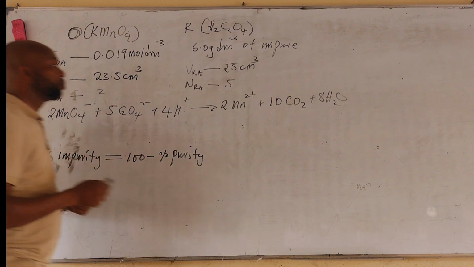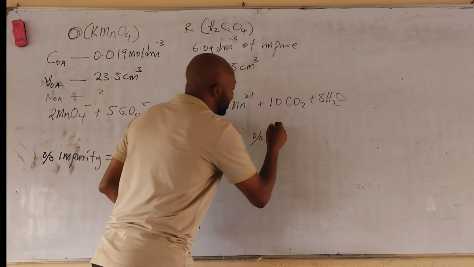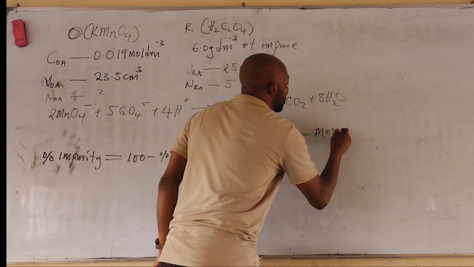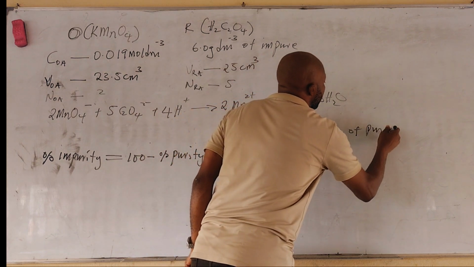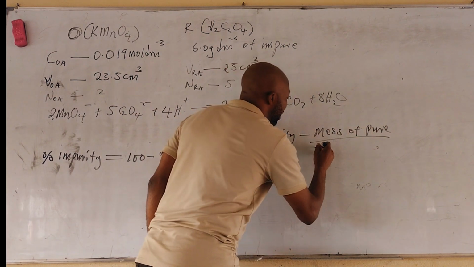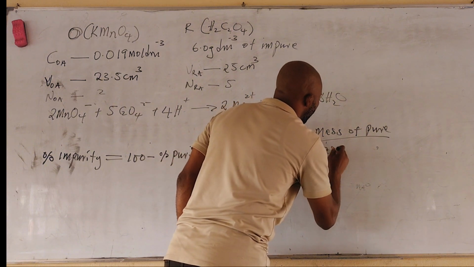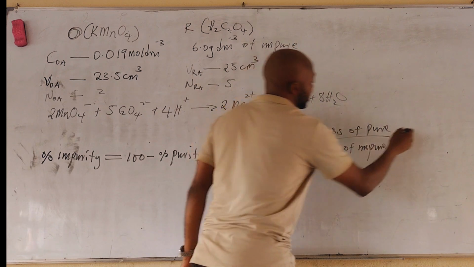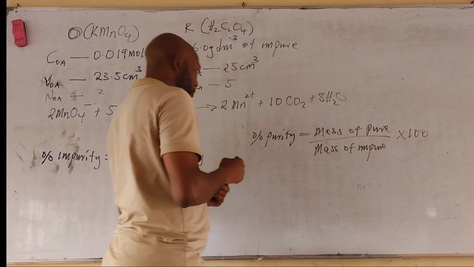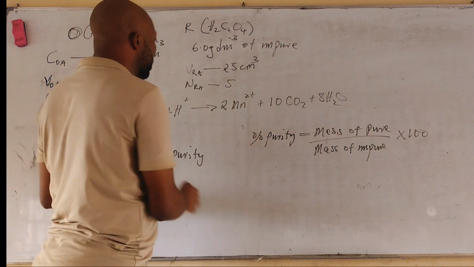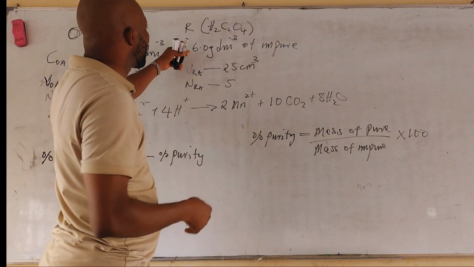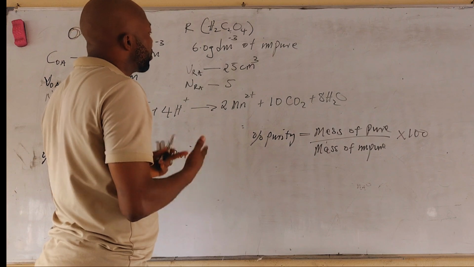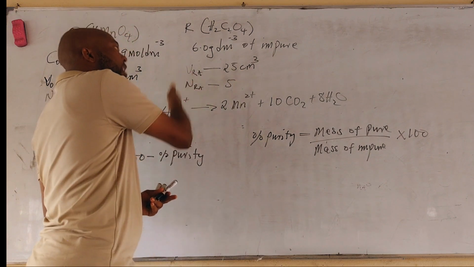And the formula for percentage purity says mass concentration of pure ethanedioic acid over mass concentration of impure ethanedioic acid times 100. So we have to deal with this first before we come back here. What is given to us here is the mass concentration of the impure ethanedioic acid. How are we going to calculate the mass concentration of the pure ethanedioic acid?